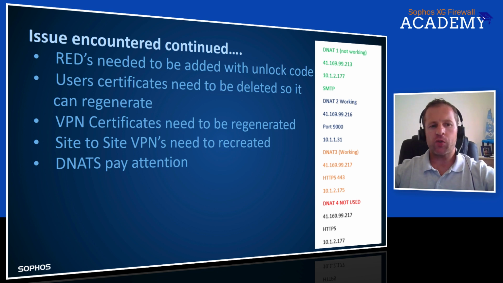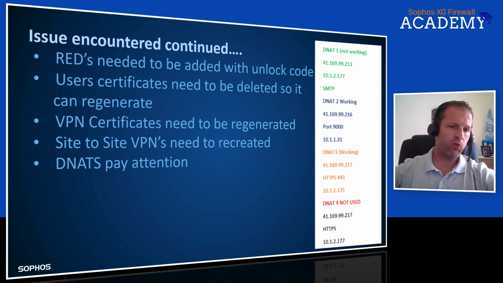So that's one of the problems we encountered. Then another thing we saw is that the user certificates needed to be deleted so they can be regenerated. What I mean by this is they had a VPN policy, so the users would VPN into the actual site. If a user wanted to VPN in, it would give them a certificate error because they didn't reinstall the client.